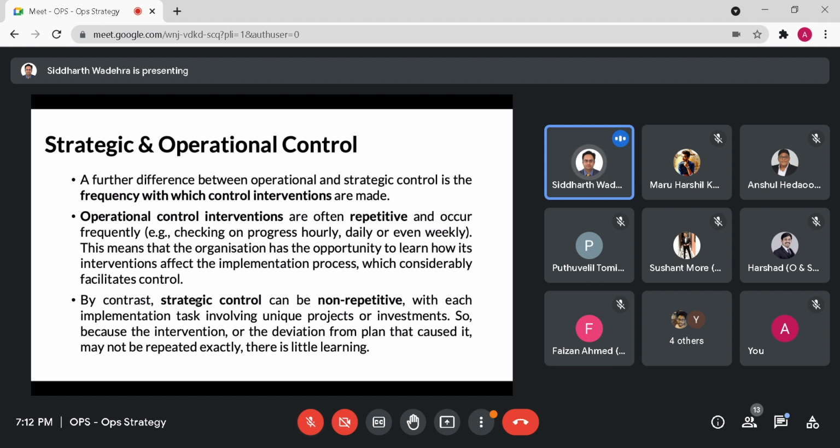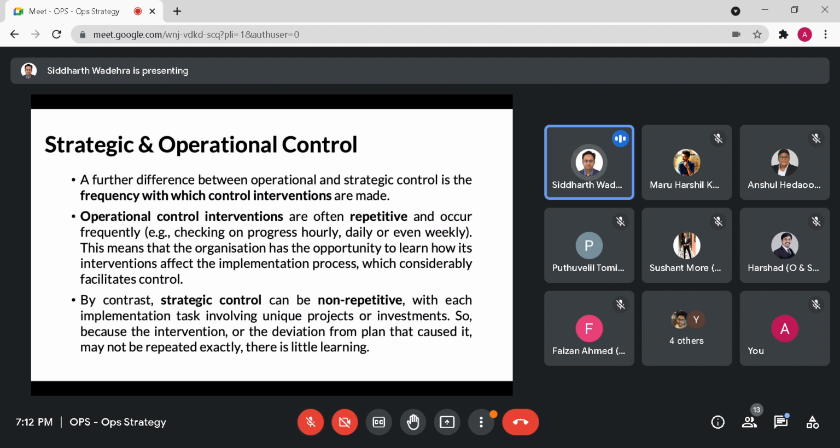You're talking about an assembly line, or some kind of a job being done, and you've got to check on the progress in terms of the SKUs produced, or the finished goods that are coming out at the end of the assembly line within a unified amount of time. You could also see that the organization takes these operational control interventions as an opportunity to learn and also improve.